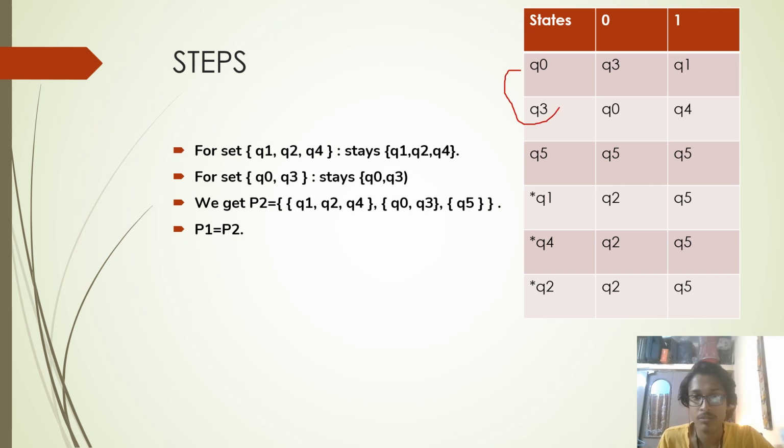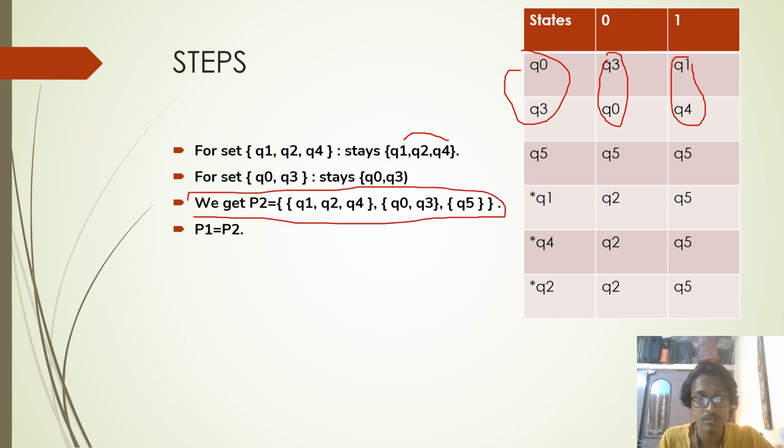When 0 is applied they go to Q3 and Q0, so it stays as it is, and even for 1, Q1 and Q4 lie in the same set. Then Q5 can't be partitioned further because it's only one state. So we get P2, which is equal to P1.